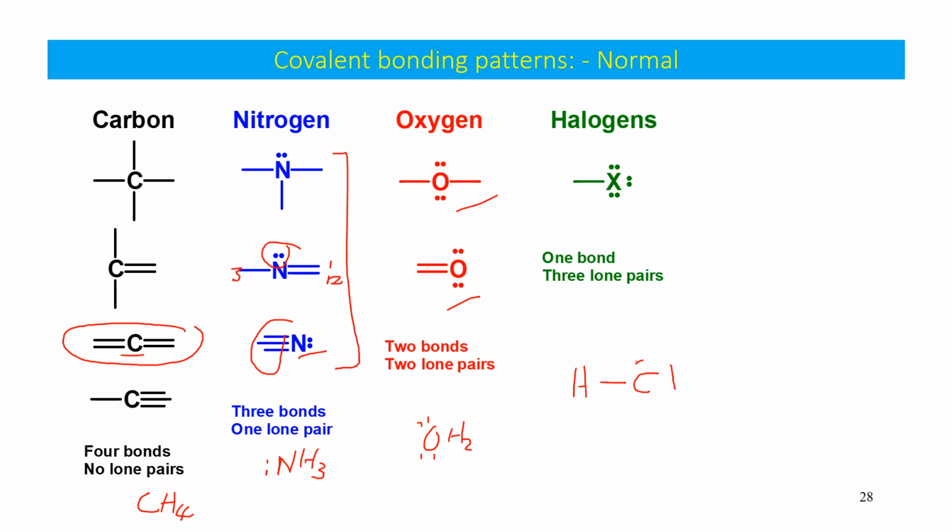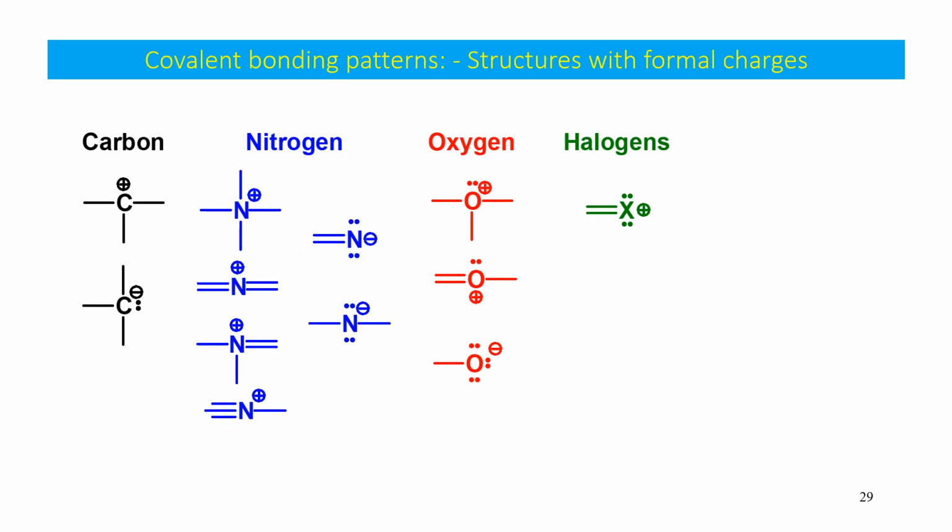So we have 1, 2, 3 unshared pairs of electrons around the chloride. This differs from charged species because, note, carbon, when it's trivalent, can be negative or positive. Nitrogen, on the other hand, if it is positive, it is always tetravalent. But when it is negative, formal charge of -1, it is divalent.